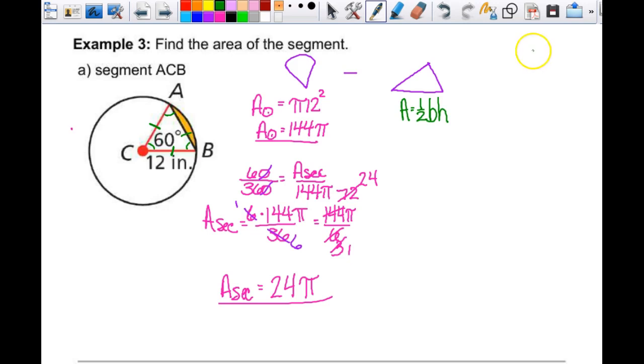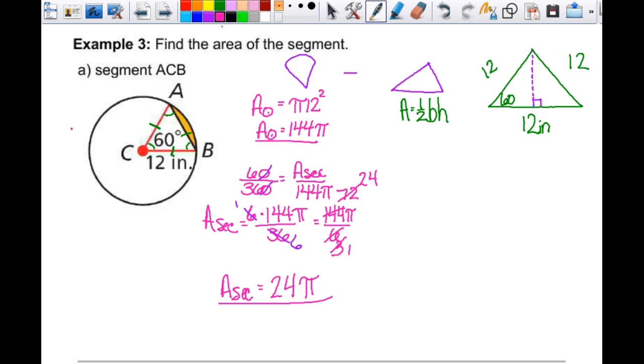So I'm going to redraw it over here. Okay, and so I know that this is 60, this is 12 inches, so this is 12 inches, so this is 12 inches, right? So I know what the base is. I need the height. So by drawing the height, how am I going to figure that out?